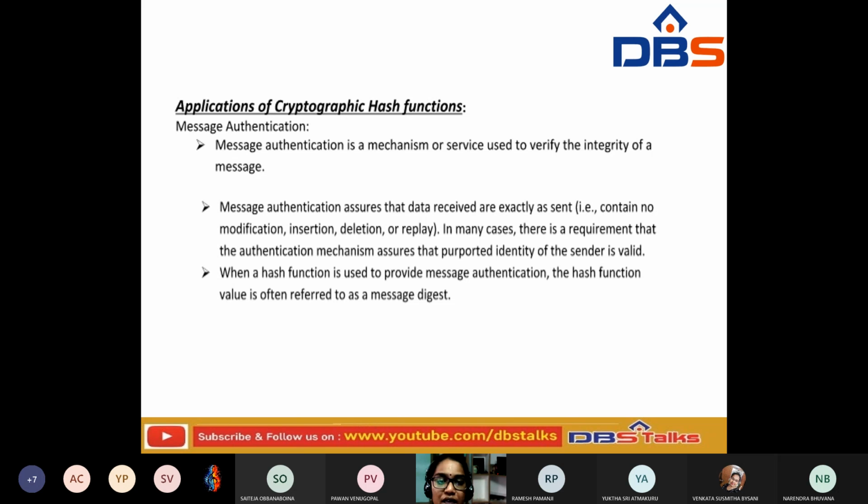Message authentication assures that the data is received exactly as sent, without any modification, insertion, or deletion. In many cases the authentication mechanism also ensures that the purported identity of the sender is valid. So when a hash function is used to provide message authentication, the hash function value is referred to as a message digest.